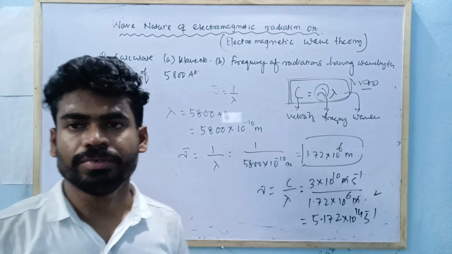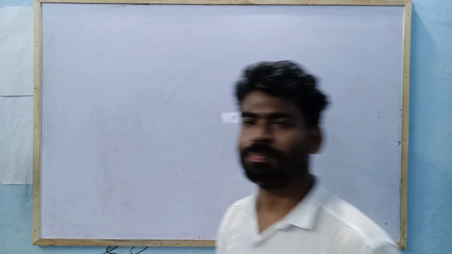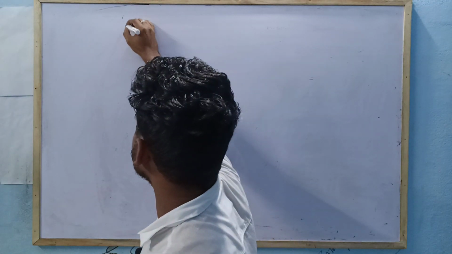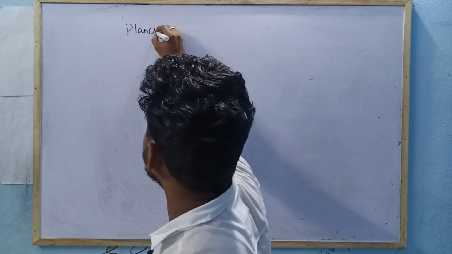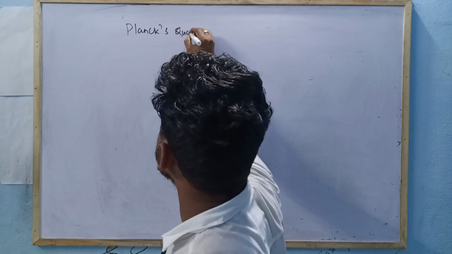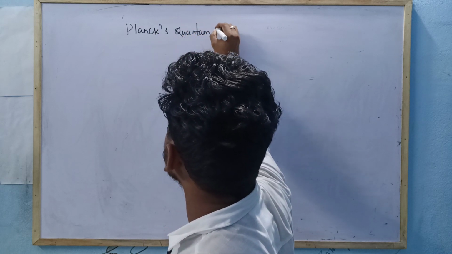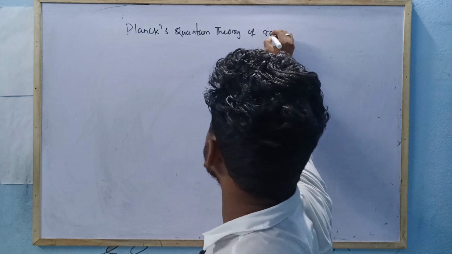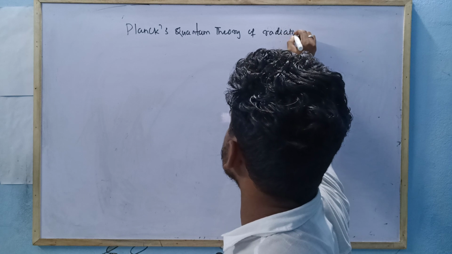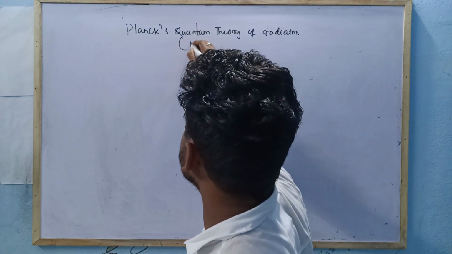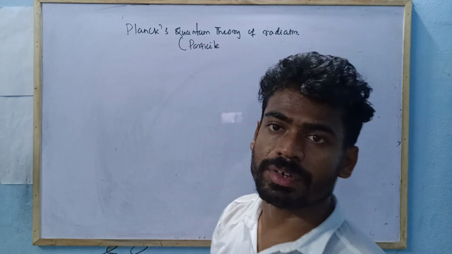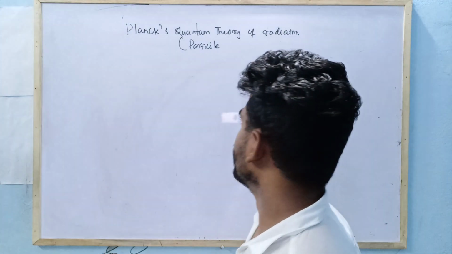Okay, very good. Next we will discuss another very important theory, called Planck's quantum theory of radiation, or you can say the particle nature. After wave nature, we have discussed the details of electromagnetic radiation.